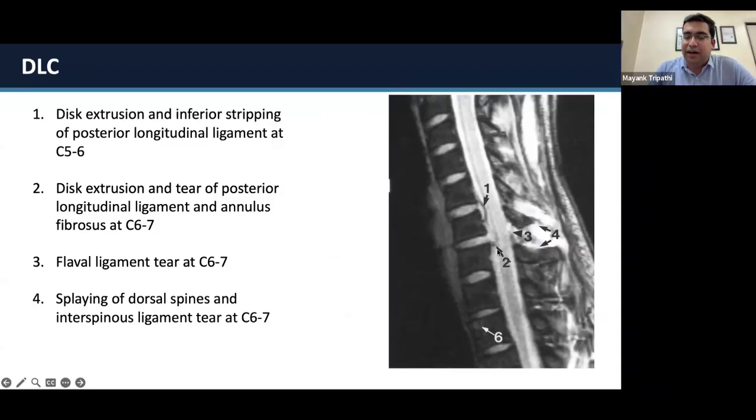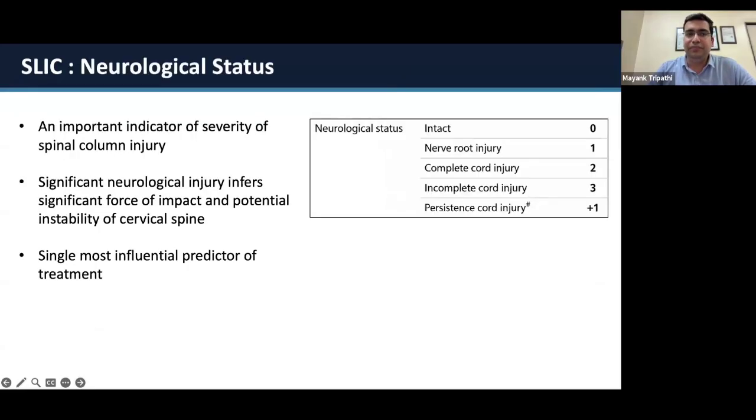But at the marker 2, we can appreciate that there is a disruption of the posterior longitudinal ligament with herniation of the disc contents posteriorly. At 3, we can appreciate the flaval ligamental tear, and this is what splaying of the dorsal spine and the interspinous ligament looks like.